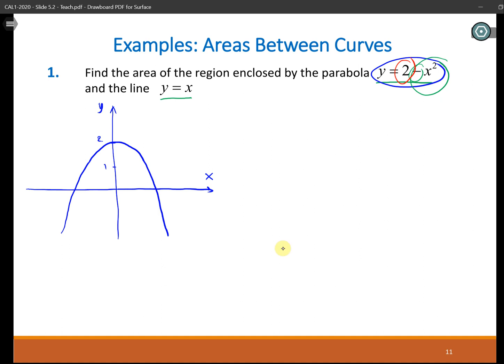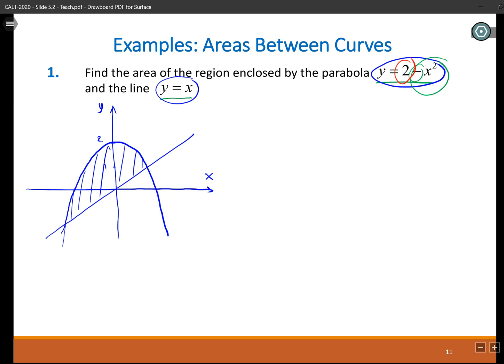Now the second curve is easy: y equals x, a straight line like that. With these two curves, you start to see a region that is enclosed by them, and this is the region we are looking for, between the parabola and the straight line.